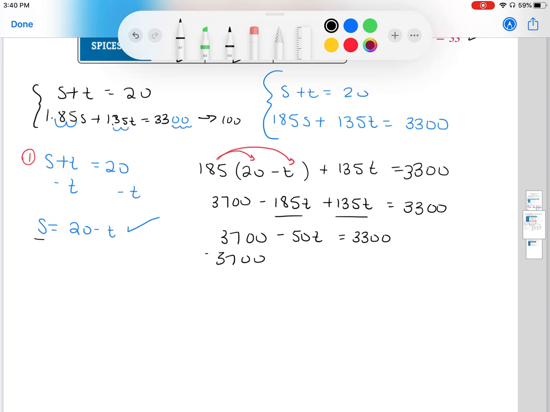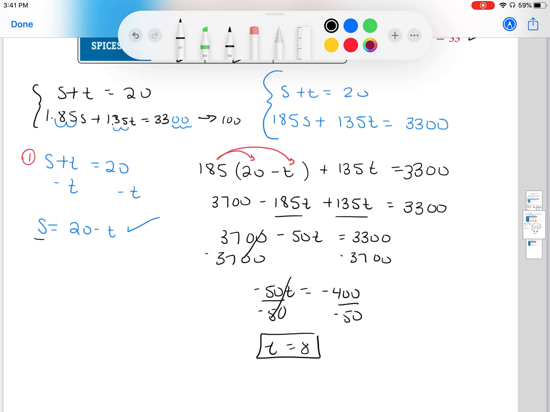Minus 3,700 on both sides. 3,300 minus 3,700, you get negative 400. Lastly, divide by negative 50 to get t by itself. So we're left with 400 divided by 50, we get 8.